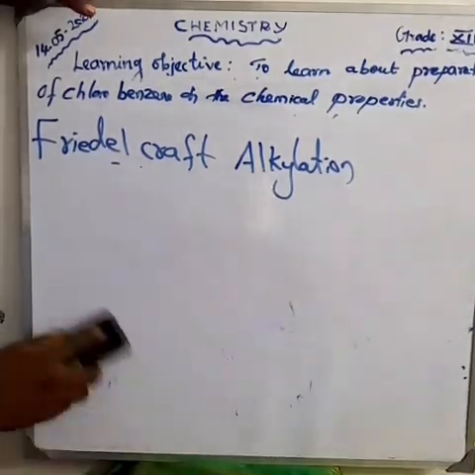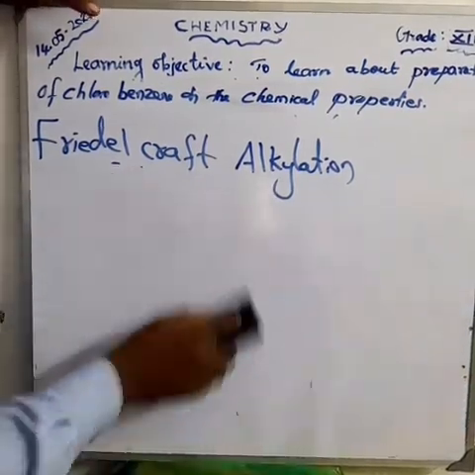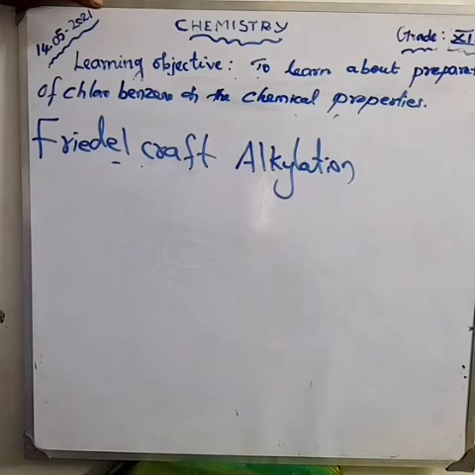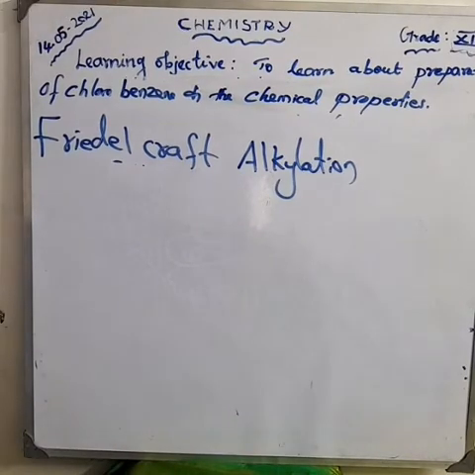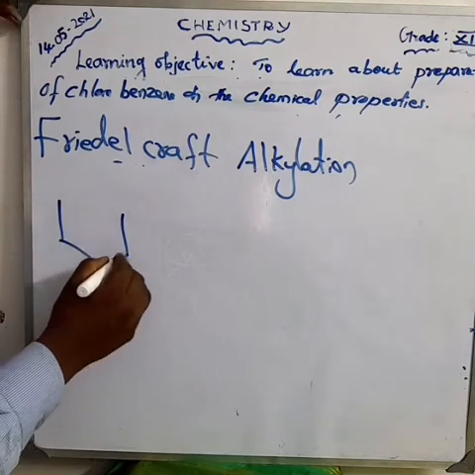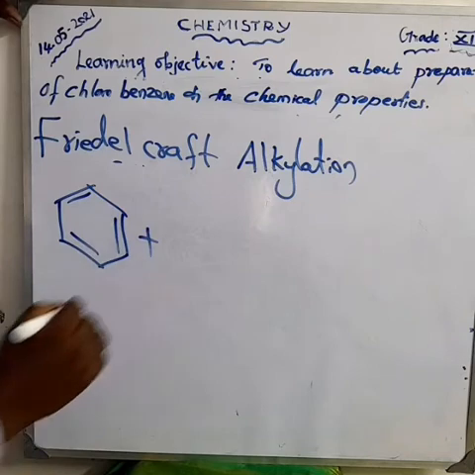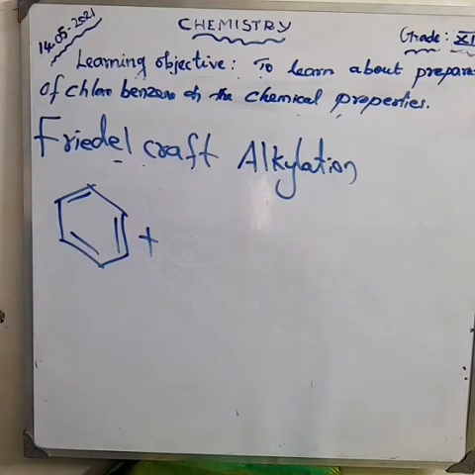First we took benzene reacting with methyl chloride, and here we are taking benzene reacting with acetyl chloride. Listen all of you. What is the formula for acetyl chloride? It's very important.